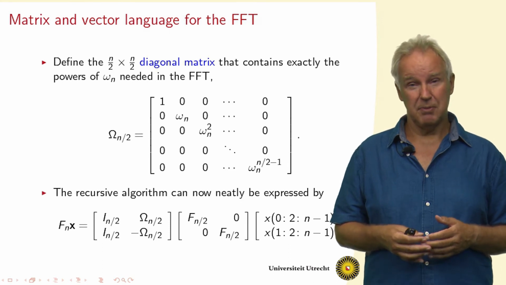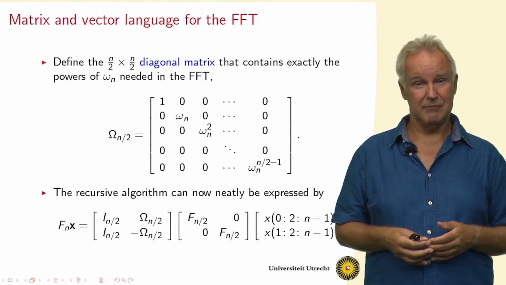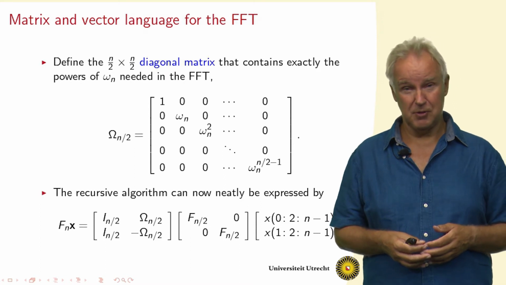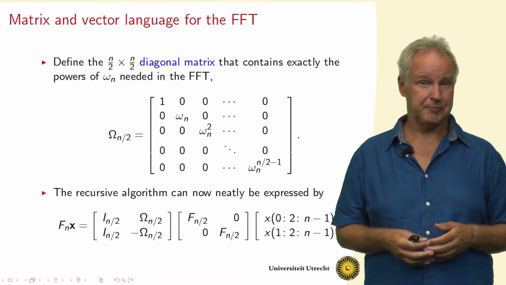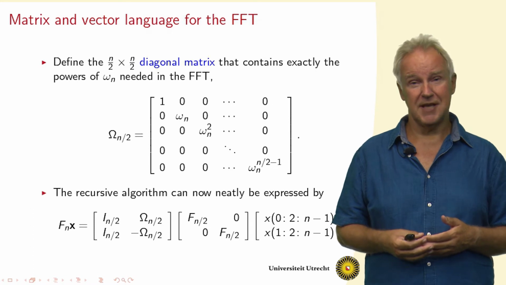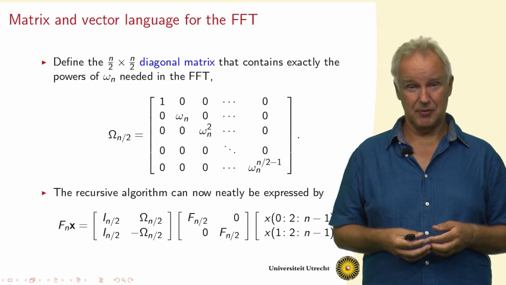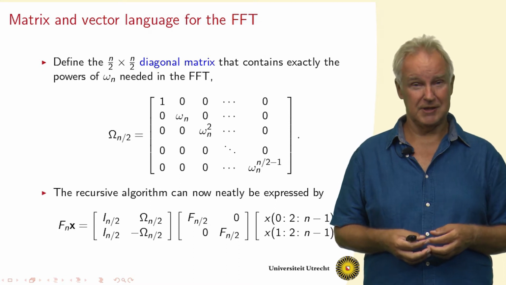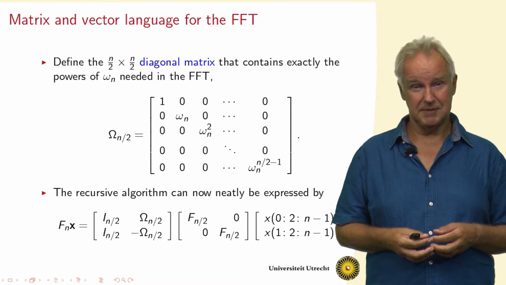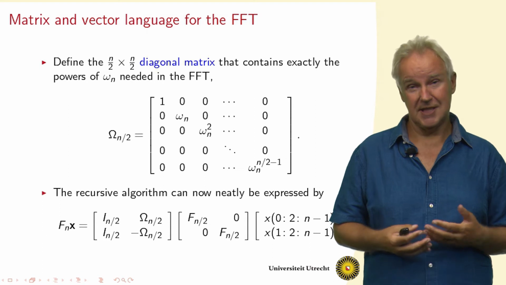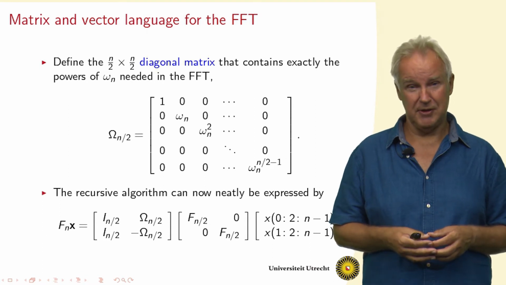And then below that in the vector, we have the other n/2 odd components of the vector x. So that's a way of writing down the sorting that we do of the even and odd components of the vector x. And then we multiply each part with a Fourier transform of half the size. That's what we did in the recursive algorithm.